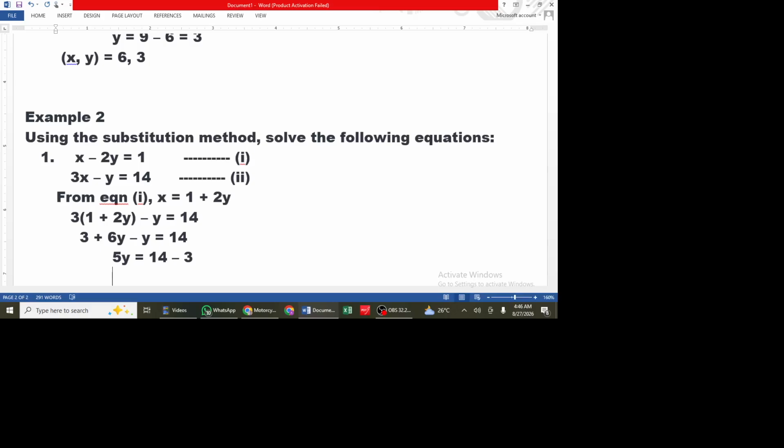That will be 5y is equal to 11. And from there now, to get the value of y, you are going to divide both sides by 5.